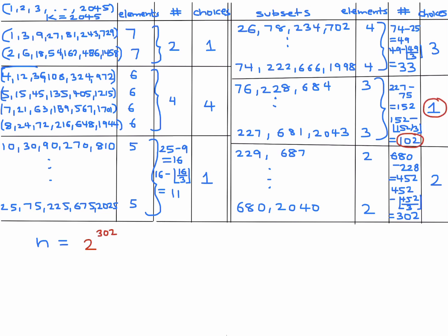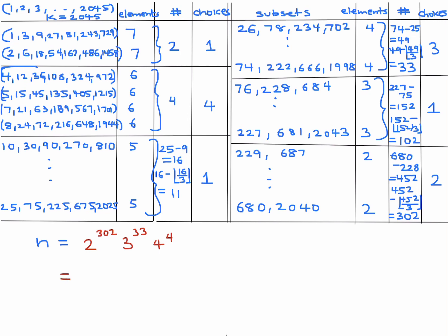This to this power. But we don't really need to include that because 1 to the power of 102 is just 1. It's pointless to write that in. So I'll skip that. Then this to this power, that will actually contribute. This to the power of 11, don't need to put that in. 4 to the power of 4, that will definitely contribute. And then 1 to the power of 2, which is just 1. There we go. That's the value of n.